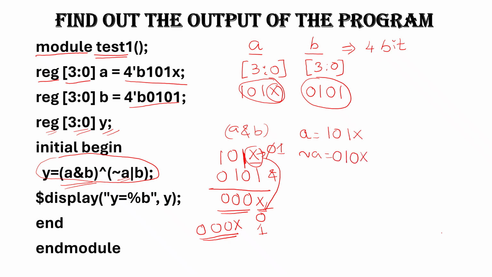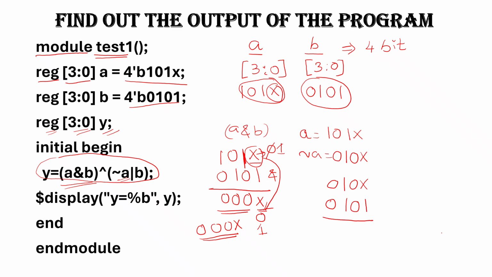After complementing the don't care, you will get the same value, don't care. Now A value is 0, 1, 0, don't care, and B value is 0, 1, 0, 1.